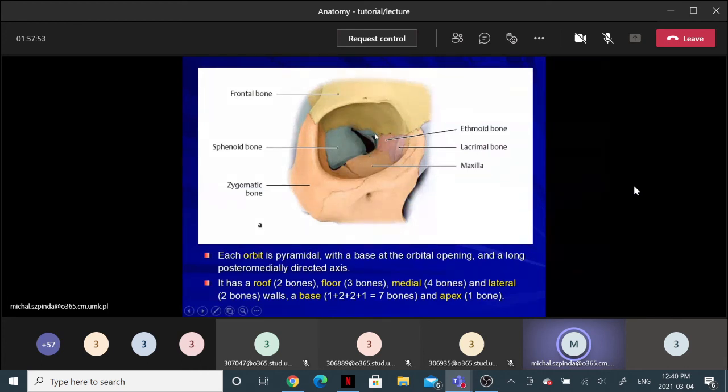And the medial wall is composed of 4 components. From anterior to posterior, we have the frontal process of maxilla. Directly behind it is the lacrimal bone. The third, behind the lacrimal bone, is the lamina papyracea.